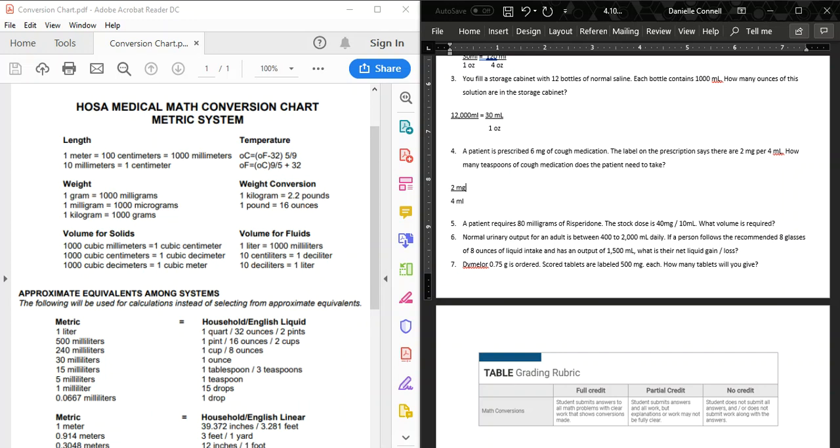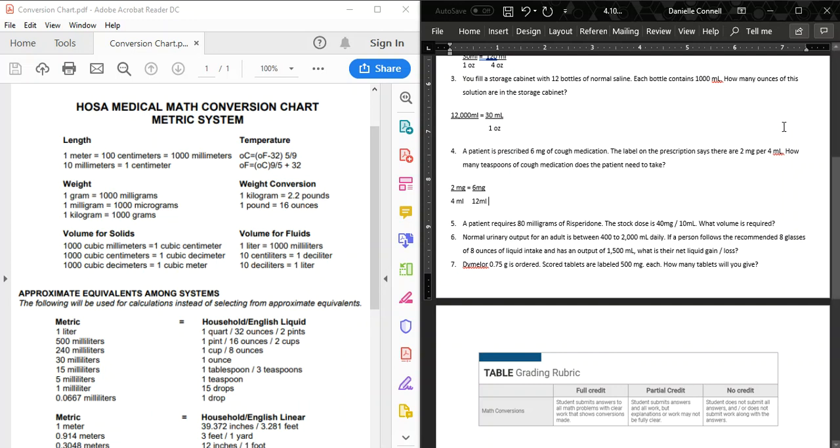Okay, and we're going to set up a proportion with 6 milligrams. That's going to tell us how many milliliters there are. So in this one, 6 times 4, you should know that off the top of your head, divided by 2, also should know that, will give you 12 milliliters.